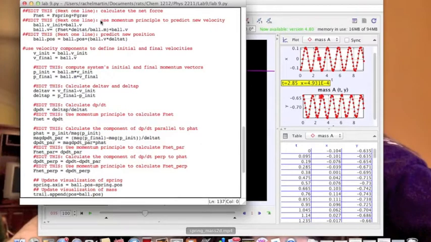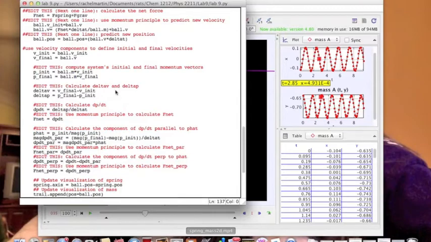I updated the ball's position and determined how to find the final velocity and initial velocity, and I set the initial velocity equal to ball.v initial. I changed p initial to equal the ball's mass times the initial velocity, and p final to equal the ball's mass times final velocity.